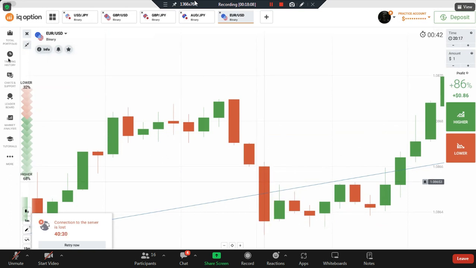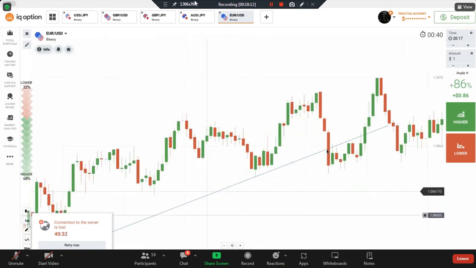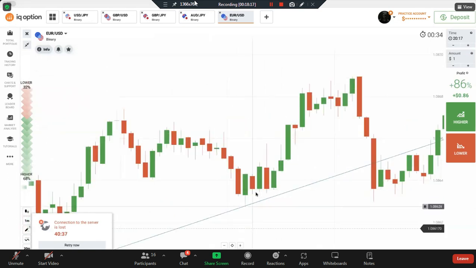What was the confirmation? We look at the trend line touches. This is a touch, and this one here is a touch, and this is the latest touch of the trend line. We draw a horizontal line with this touch, right?